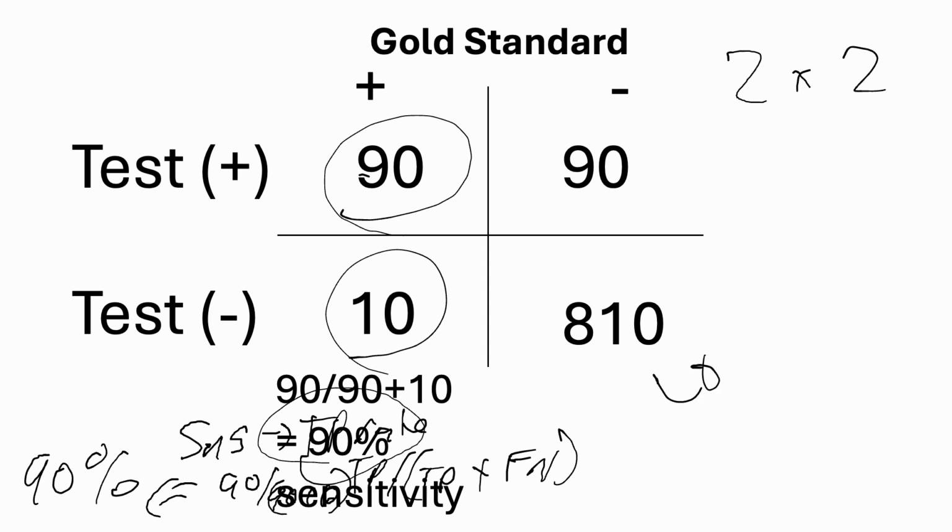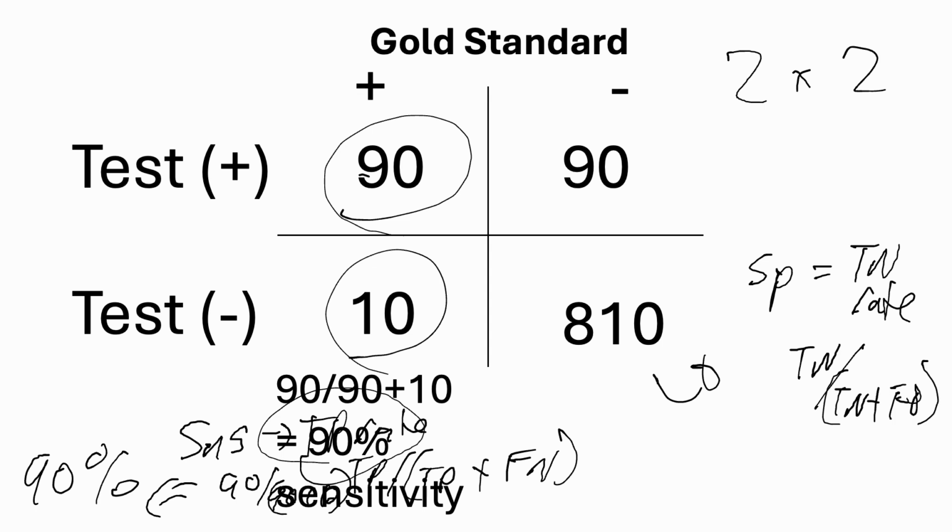So let's do specificity now. Again, I want to think of specificity as our true negative rate. That will be our true negatives divided by our true negatives plus our false positives.